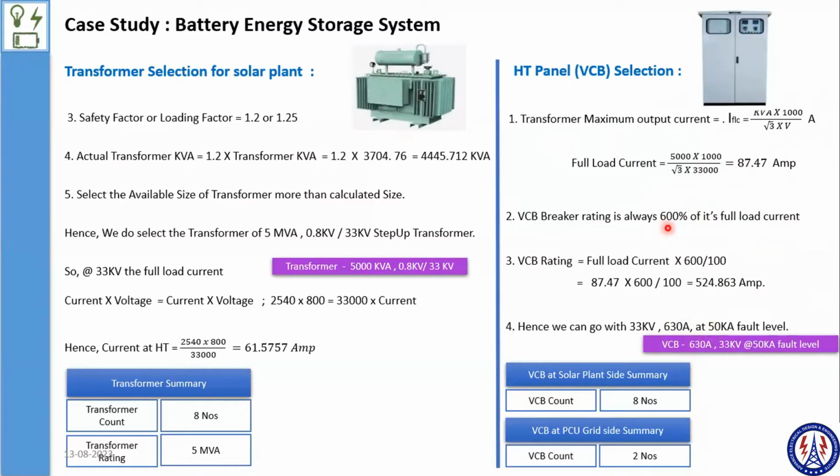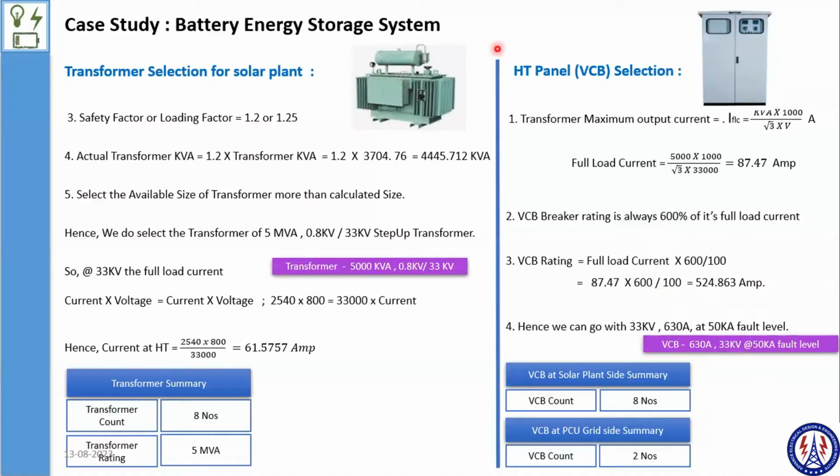That's the choice which the designer can make, but the readily available product is for 630 amps. So here it may range from 150 to 600, that is 1.5 to 6. That range you can apply. Ultimately the lower limit is 1.5, and then you can use whatever is available.